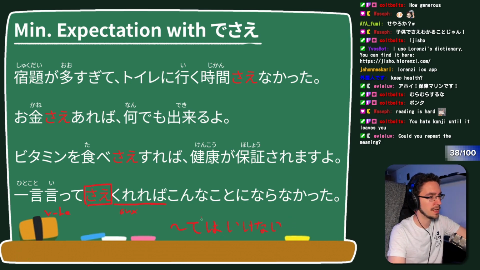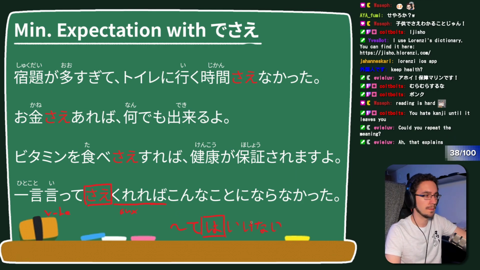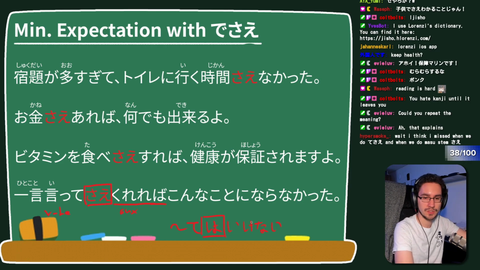But I just wanted to mention that you can see how it's similar in terms of positioning here, that the sae, for its emphasis here, sandwiches in between, just like a wa would. Wait, I think I missed when we do te sae and when we do masu stem sae. The reason here is really what you want to express in terms of action.